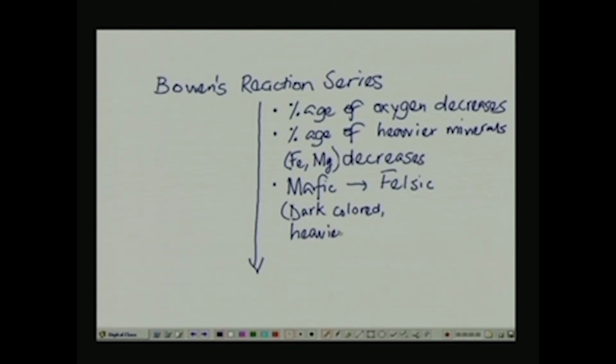That is pretty intuitive, because the content of Fe and Mg decreases. So, you would imagine that the color is going to become lighter, and the mineral is going to become lighter as well. So, this one is lighter colored and lower specific gravity.